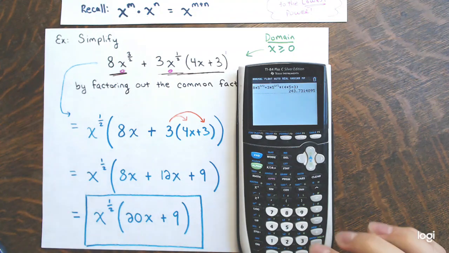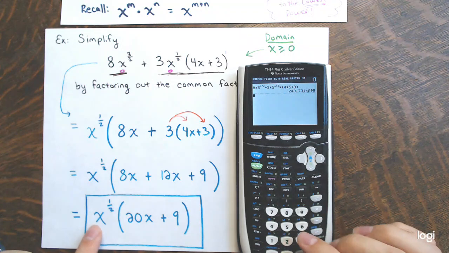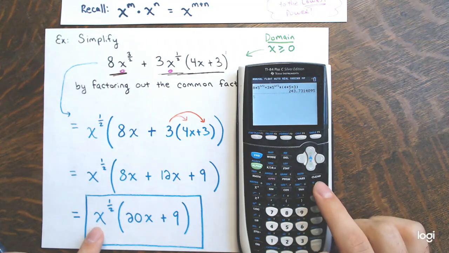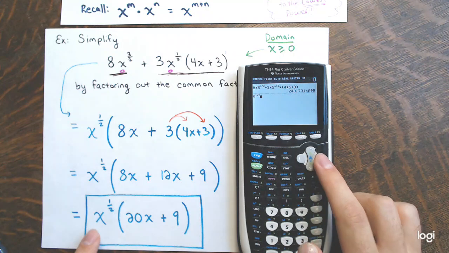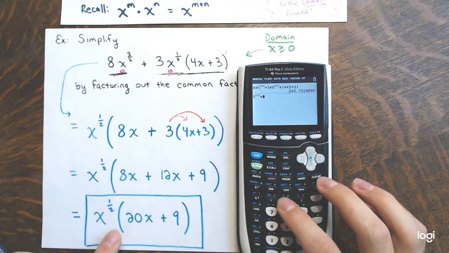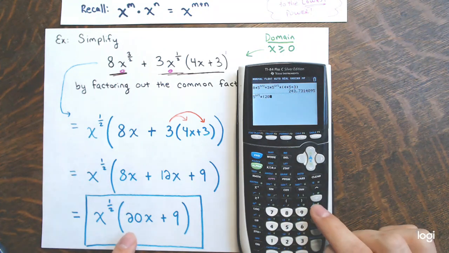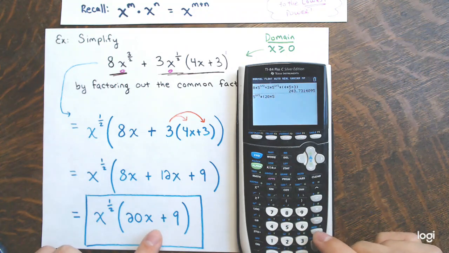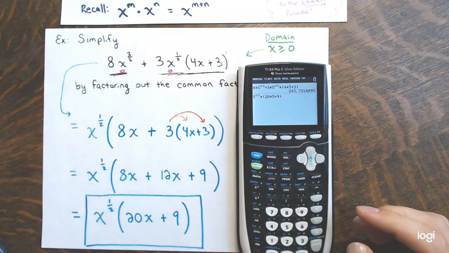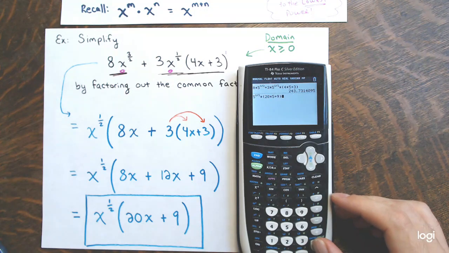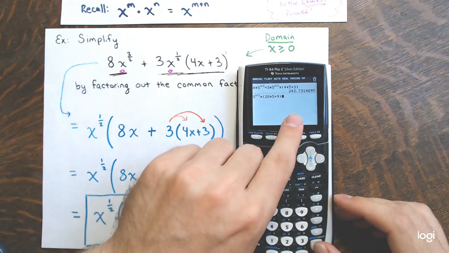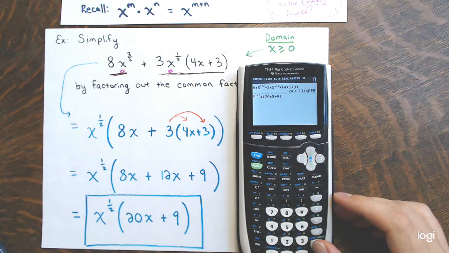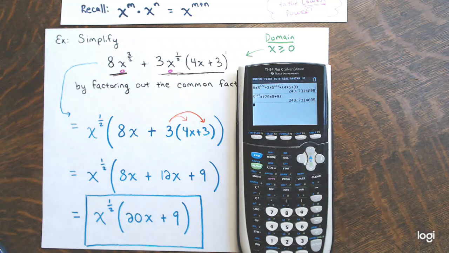All right, so the first factor is 5 raised to the 1/2 power, times, and then in parentheses, 20 times 5 plus 9, and then close the parentheses. And I'm hoping, if what I said is true, if these are truly equal, then I should get the same number again here when x is 5. And look at this. It is 243.7314095, and so on.